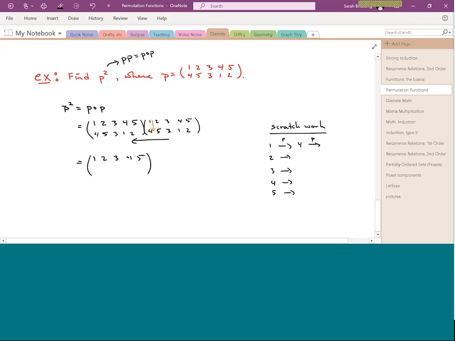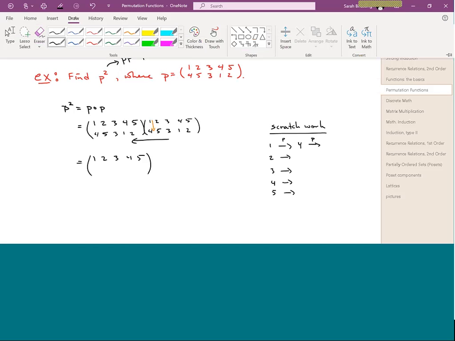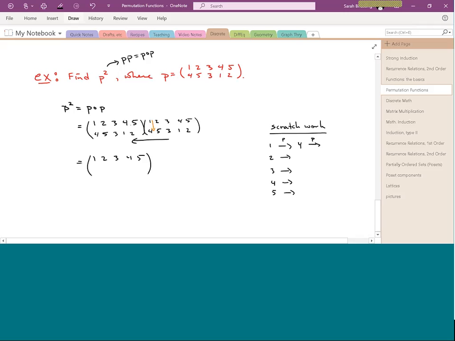Now, once you have 4, you grab 4 in the other permutation function, and 4 gets tracked down to 1. Okay, so 1 to 4, 4 back to 1. Then you move on, and that tells you that 1 goes to 1 in p squared. Then you move on to 2, so 2 gets mapped to 5. 5 gets mapped to 2.